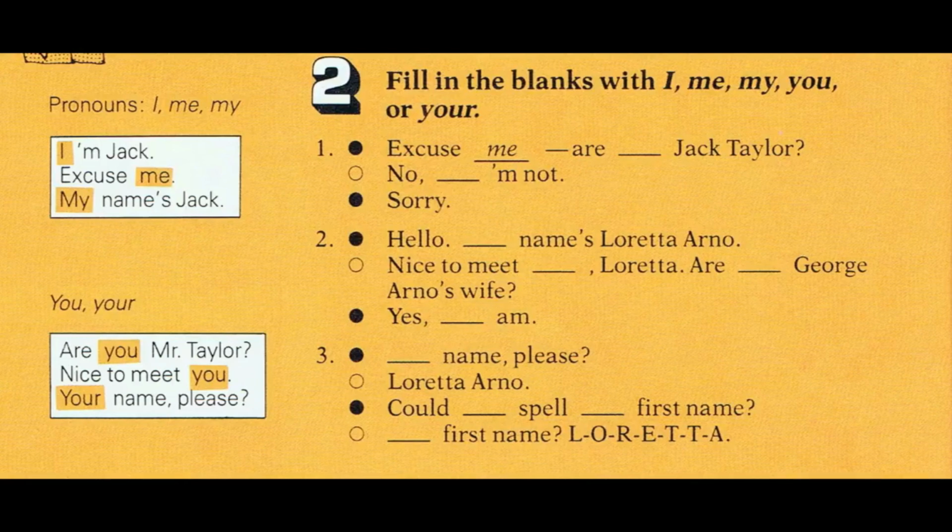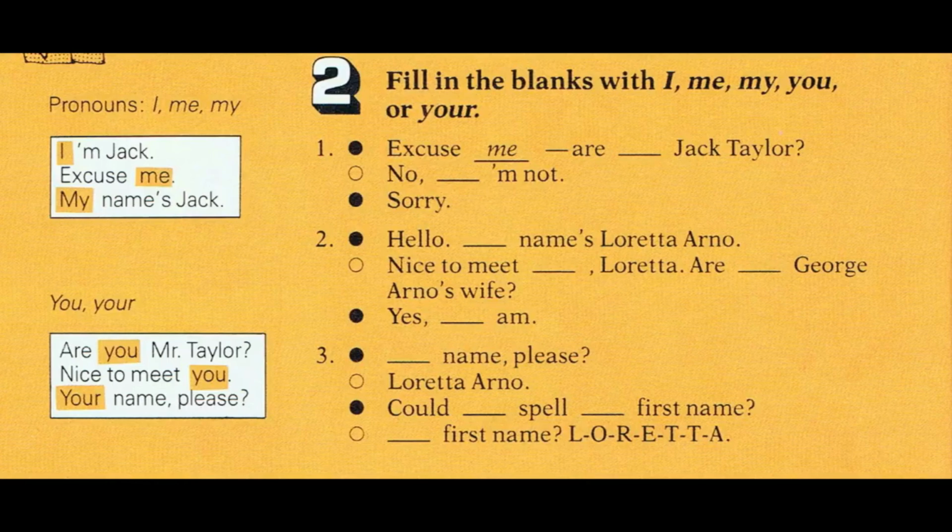Me is an object, is the receiver of the action. Then my. My is a possessive adjective, and it is always with a name. Without a name it is meaningless. It shows that I have something. My book, my name, my pen, my car. So my name's Jack.